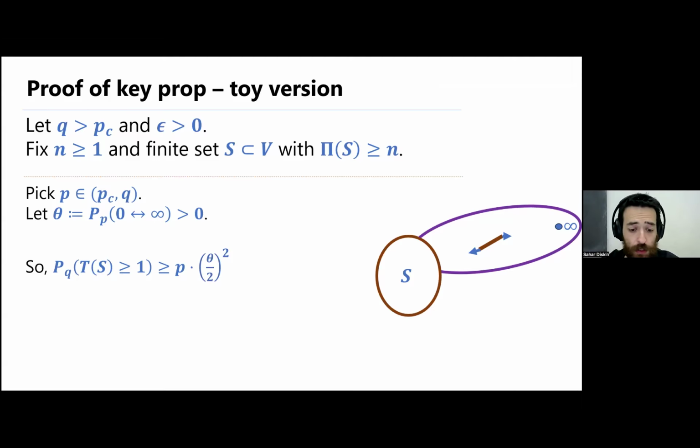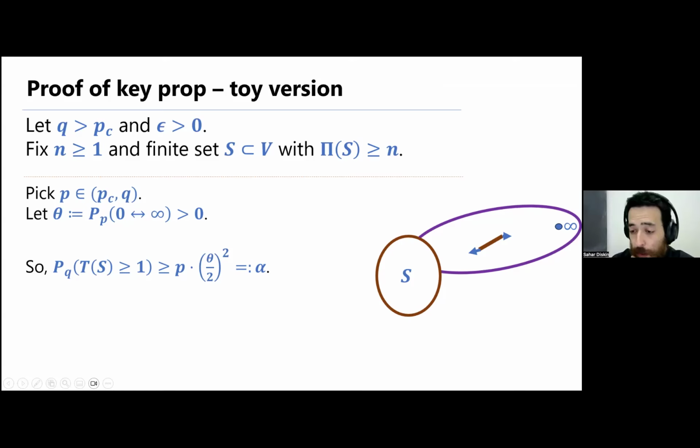Let's denote this quantity by alpha. Now I want to repeat this in order to get more touches. But one thing I have to be careful about is that all of the exploration I did thus far is in P percolation.